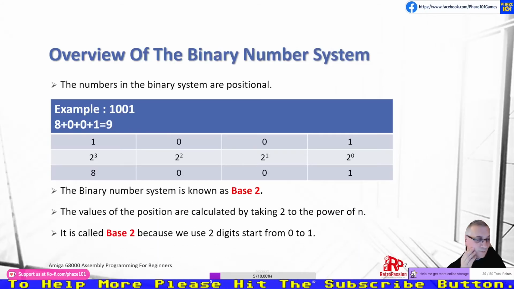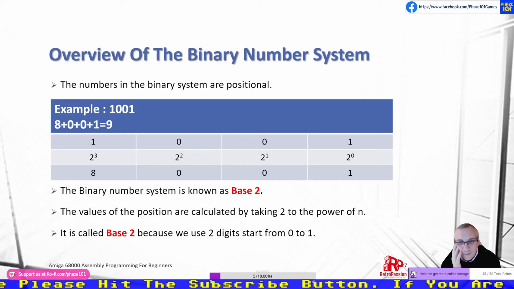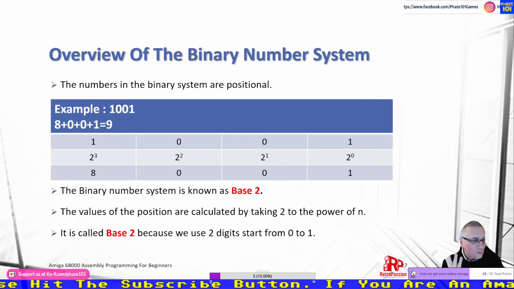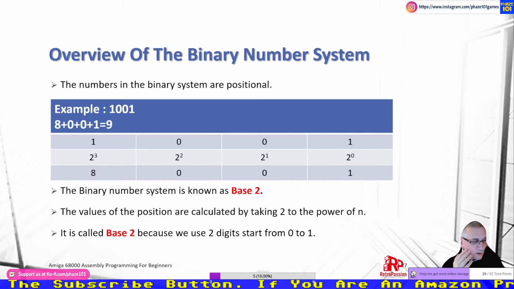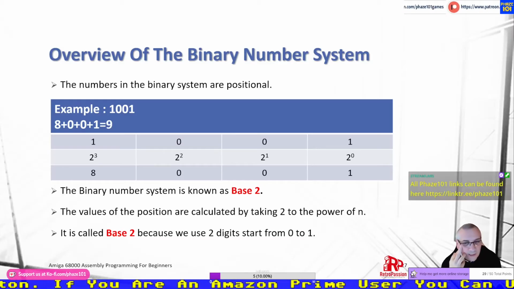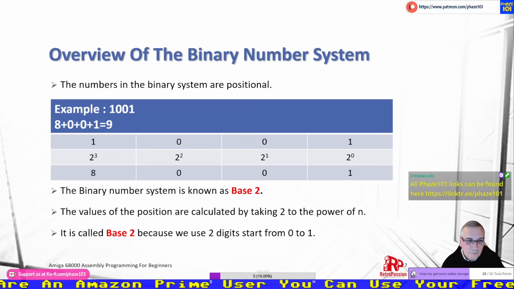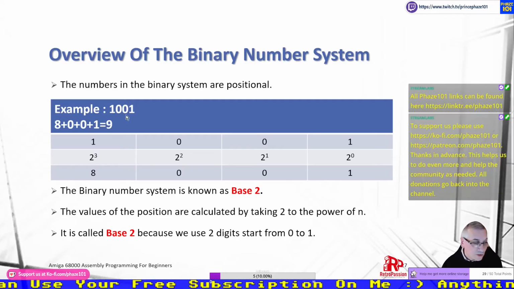The binary system works on the same principle, but it can only have what we said before, bits. So we can only have 1 or 0, and it's the same thing. Because it's a base 2 system, it's 2 to the power of 0, 2 to the power of 1, power of 2, and power of 3, as you can see on my table. It's also positional.